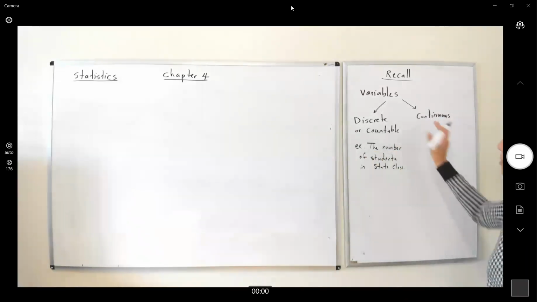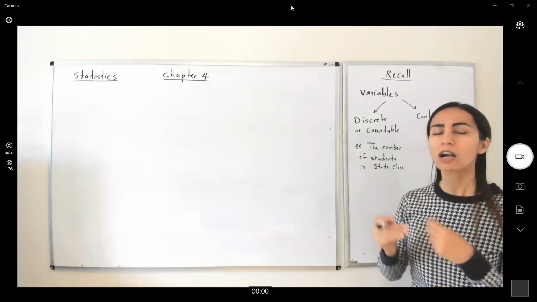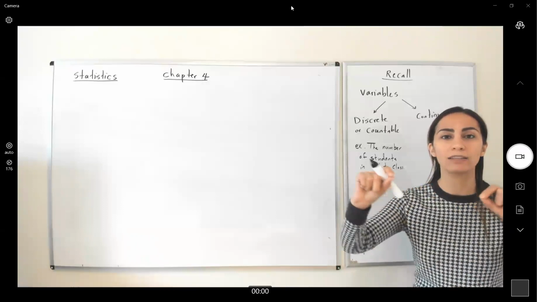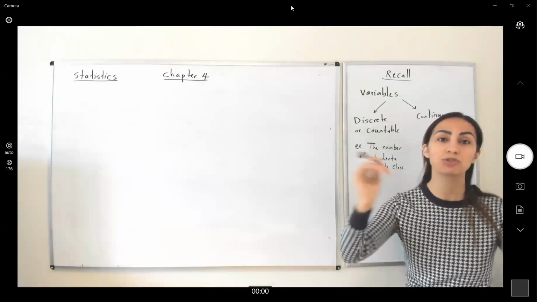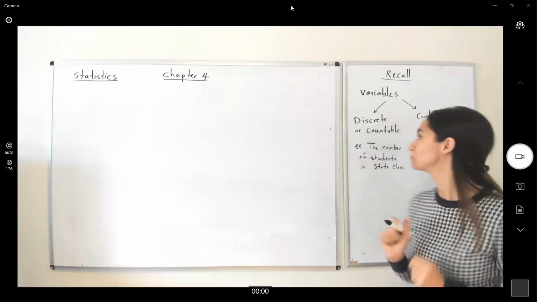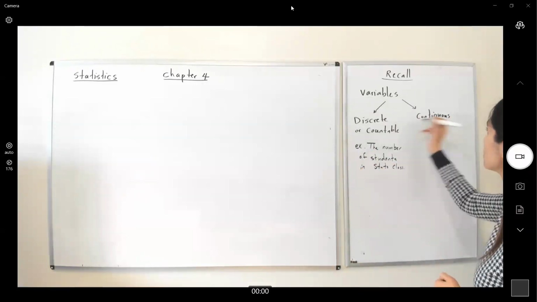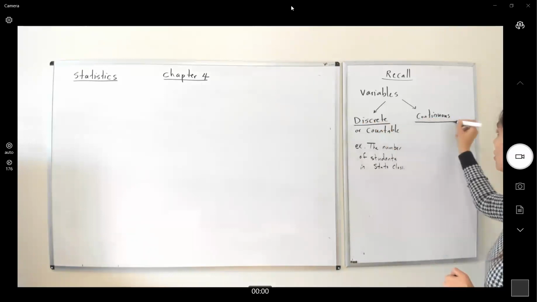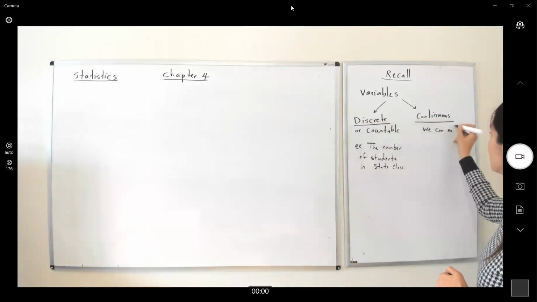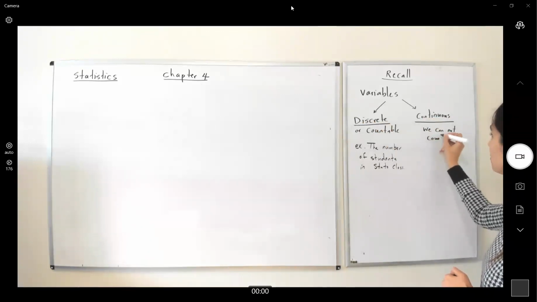How about continuous? Continuous variables are variables that take on values in between two numbers or over an interval. So for continuous, we cannot count them.